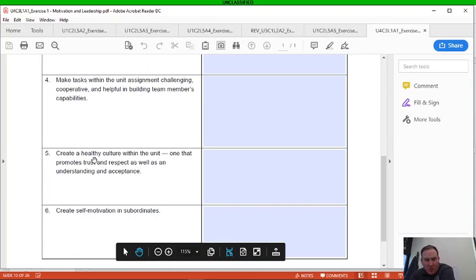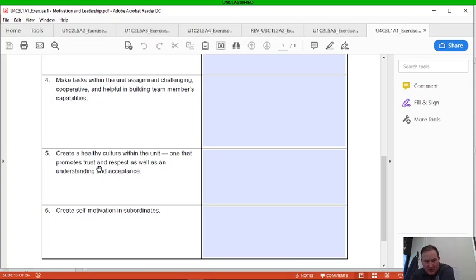Here's one that I've been working on since arriving here almost 2 years ago, which is to create a healthy culture within the unit, one that promotes trust and respect as well as understanding and acceptance. One of my struggles coming here is that JROTC is supposed to be a broad representation of the entire school.